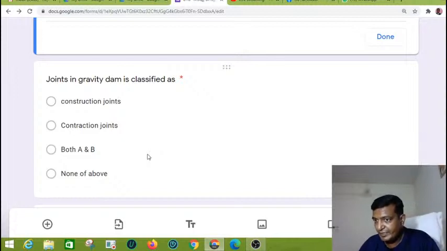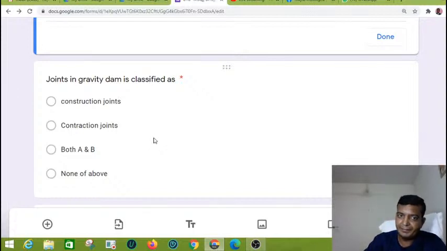These are both the types of joint which are available in the gravity dam. So the answer will be C, both A and B.